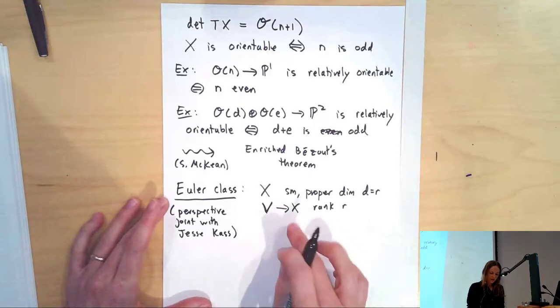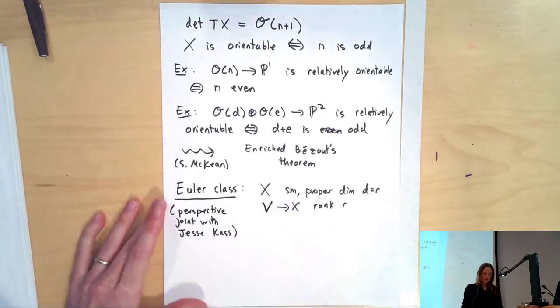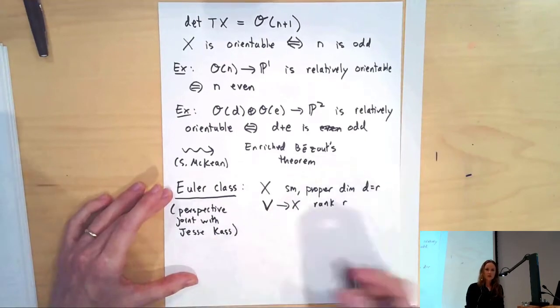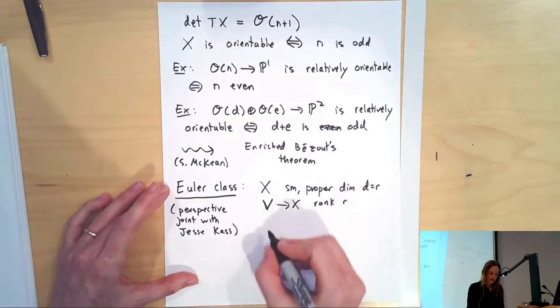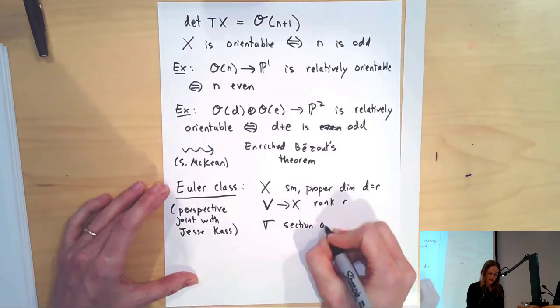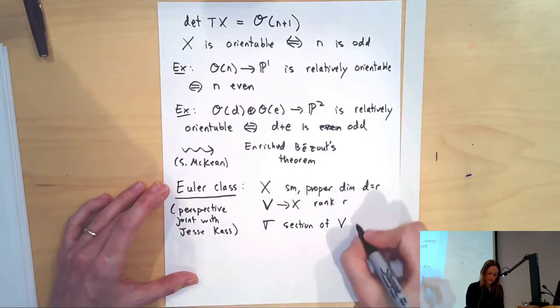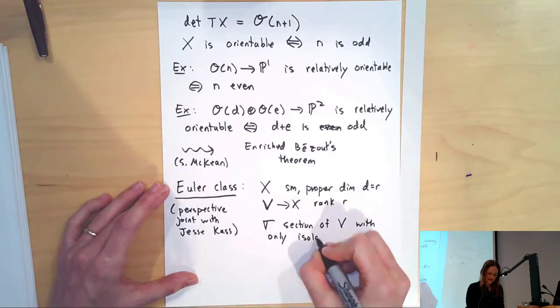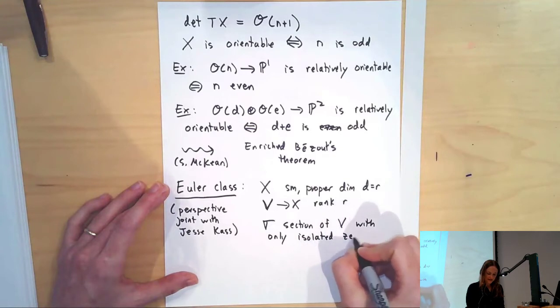And we'd like to be able to do the same trick of identifying a section with a function and taking its local degree. So let's give ourselves sigma, a section of V with only isolated zeros.